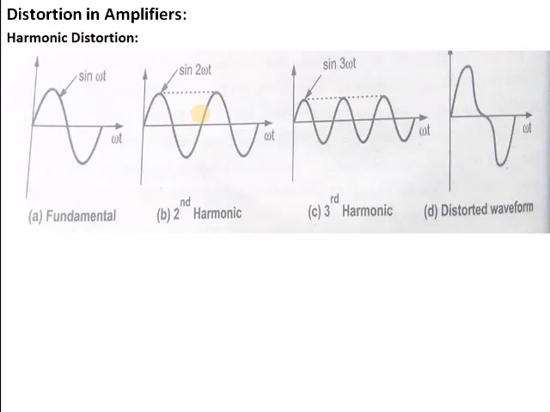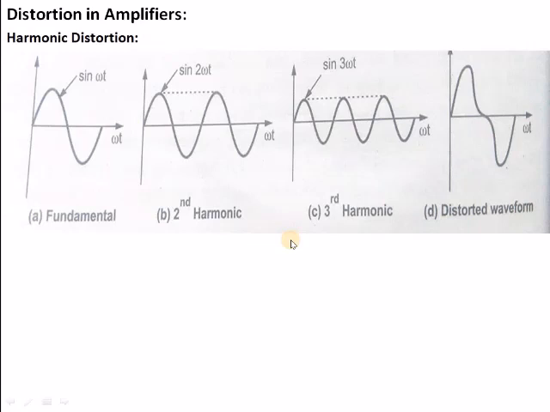The second harmonic distortion is more important in the analysis of AF power amplifiers. In amplifiers, the distorted waveform is obtained by adding the fundamental frequency and all the other harmonic frequency components. Therefore, the distorted waveform is the sum of the fundamental frequency plus all harmonic frequency components.